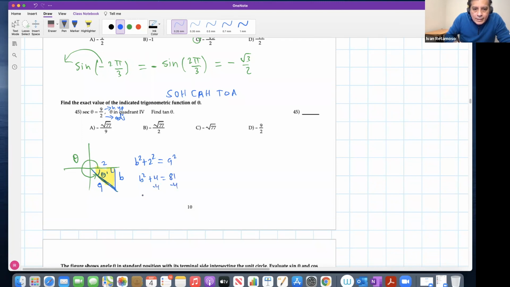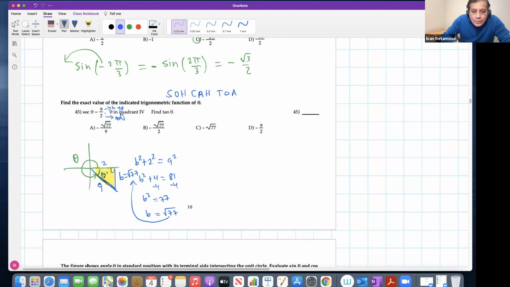Subtract 4 on both sides. B squared equals 81 minus 4, which is 77, right? And B will be equal to the square root of 77, right? Okay, great. Square root of 77 is B. This guy then is the square root of 77. Once you find it, put it there, right? Now we completed the triangle.